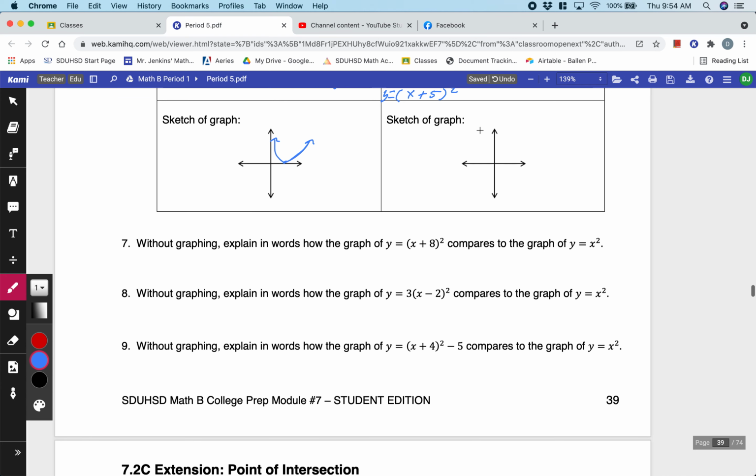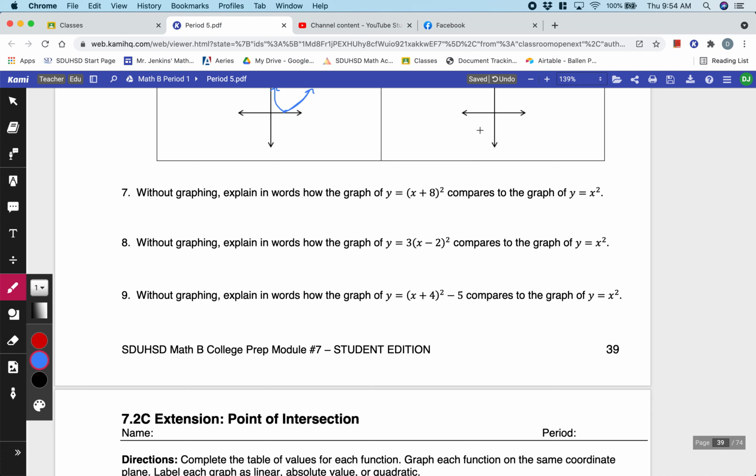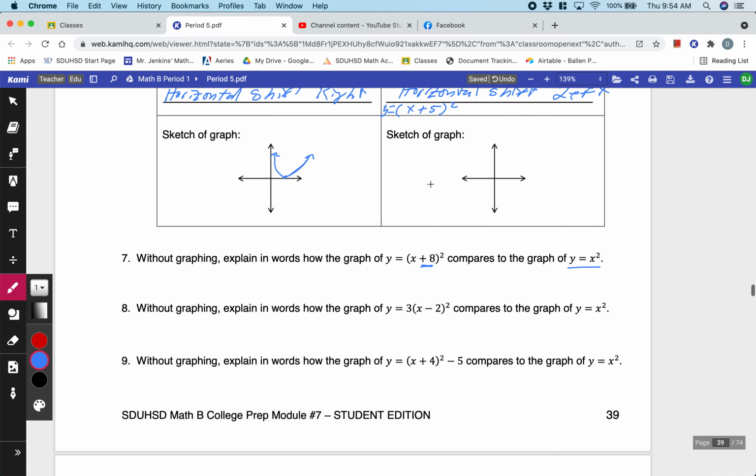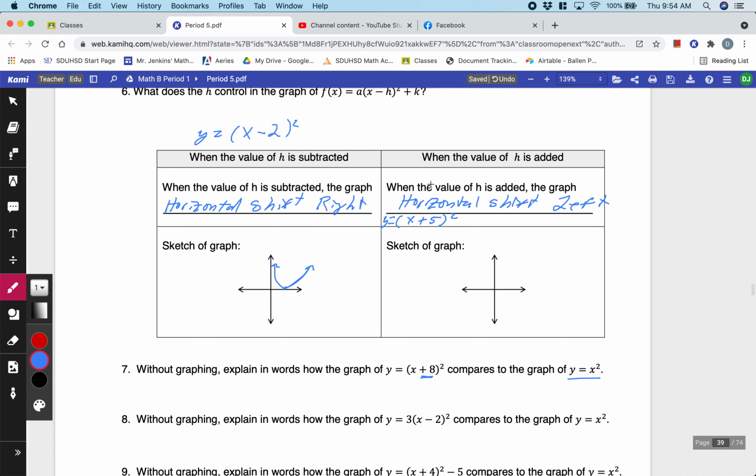So let's go ahead now and look at these. We have 3 of these. I want to compare all these to a basic graph, y equals x squared. Right here it says, without graphing, explain in words how the graph y equals x plus 8 in parentheses squared compares to the graph y equals x squared. Well, the only difference is this plus h. That plus 8 is an h value, and I am adding.